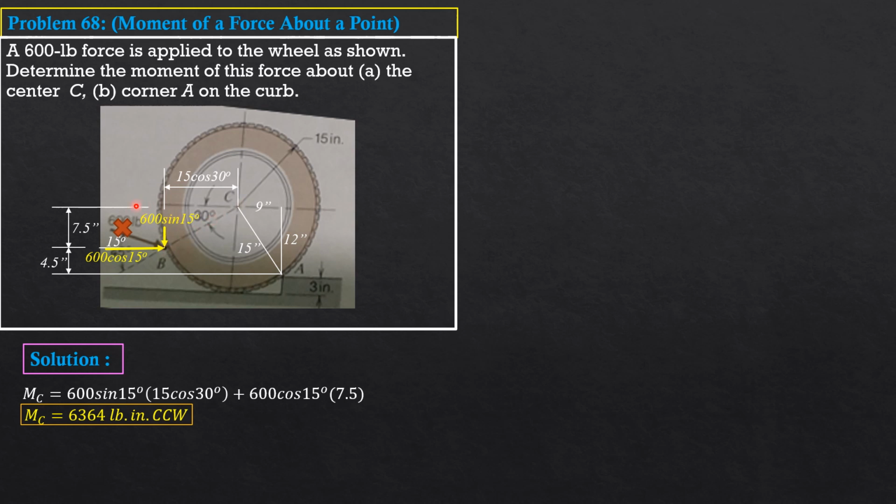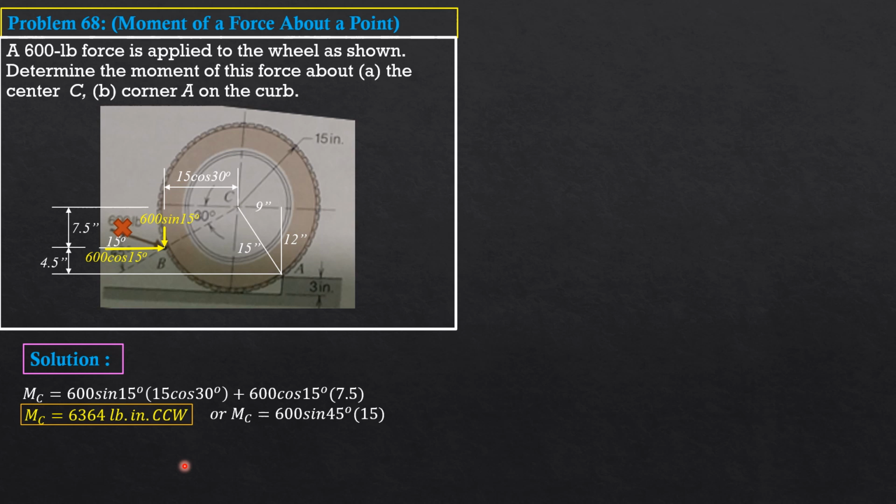This is the tangential component, tangent to this point, and perpendicular to the radial line, which is 15 inches. So again, 600 sine of 45 times 15 inches. That's the direct way. You will get 6364 pound-inch in the counterclockwise direction.